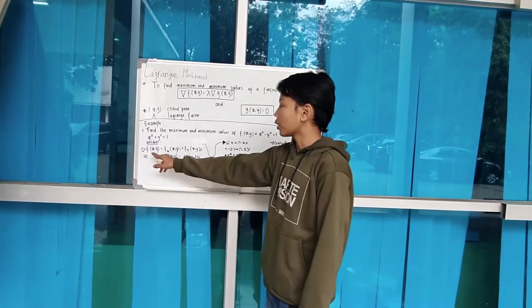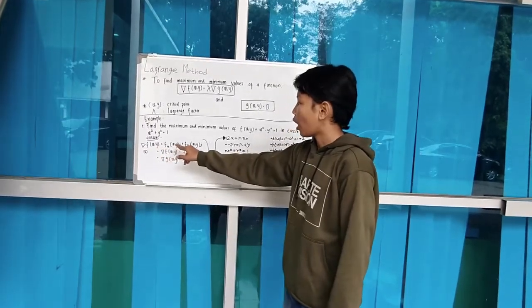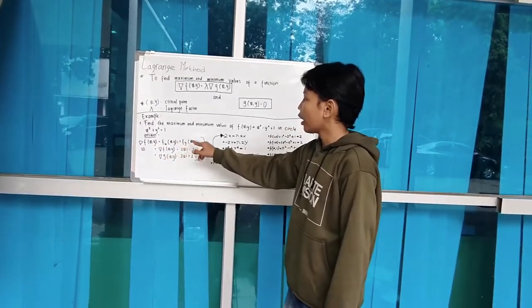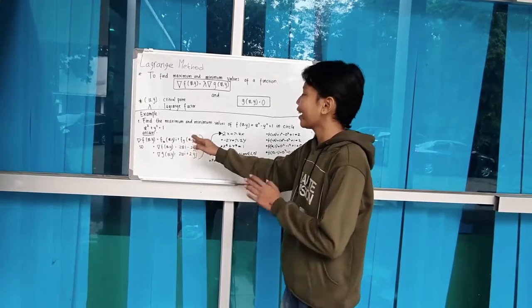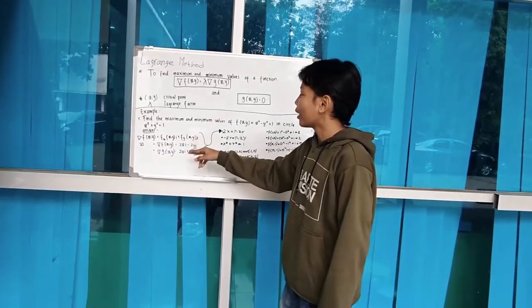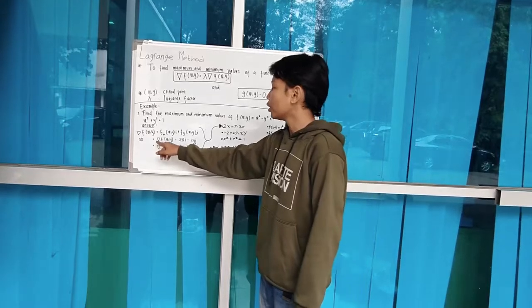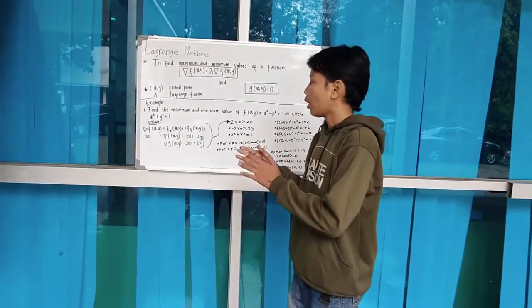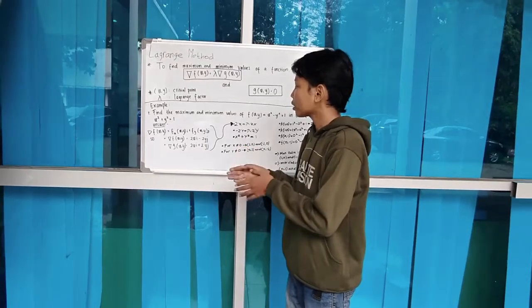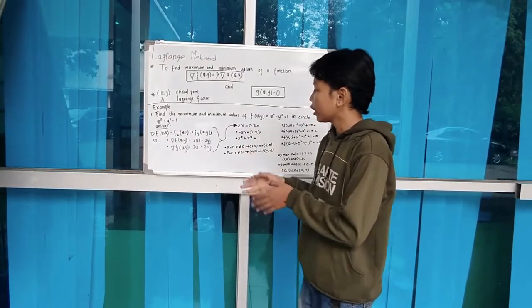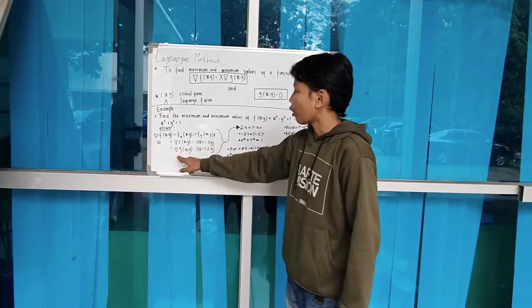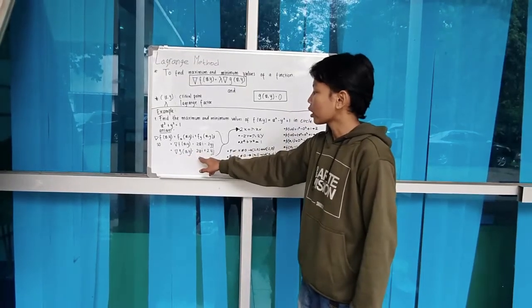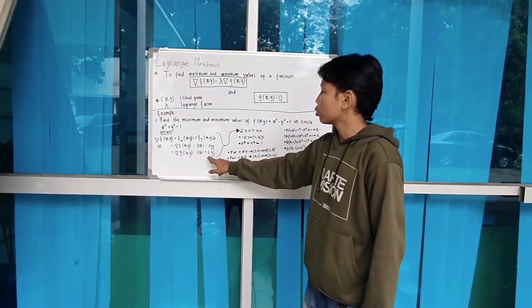So the gradient of the function is f_x i plus f_y j. So the gradient of f is 2x i minus 2y j, and the gradient of g is 2x i plus 2y j.